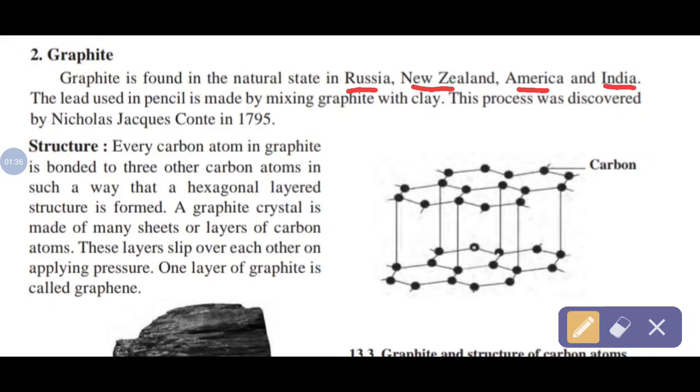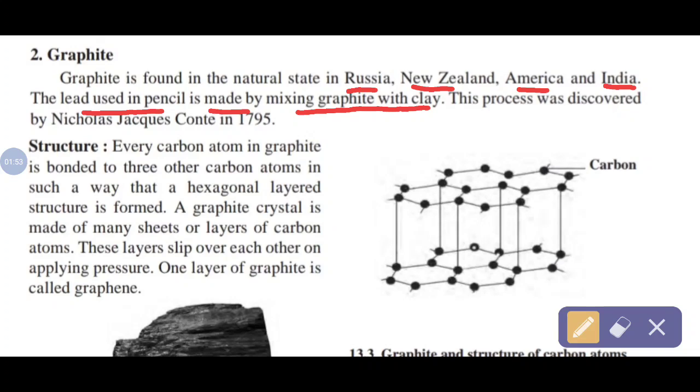The lead used in pencil is made by mixing graphite with clay. That is not the original one, that is mixed with clay, and that lead is used in our writing pencil.